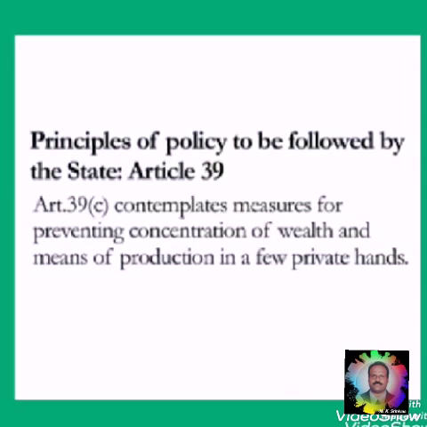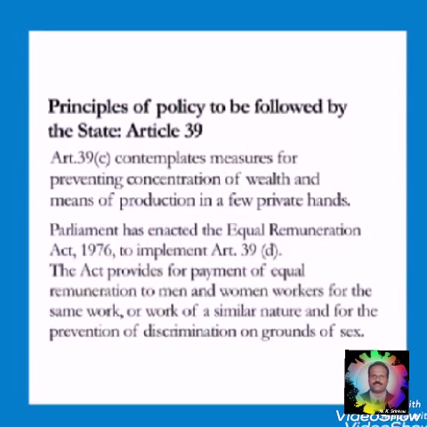Now, as you know, I had come to some of the articles which come under the Community Welfare Charter. Among that, I stopped at Article 49. Now, there is Article 50, separation of judiciary from executive, then promotion of international peace and security, and organization of village panchayats.